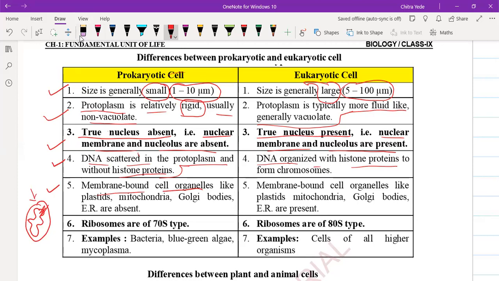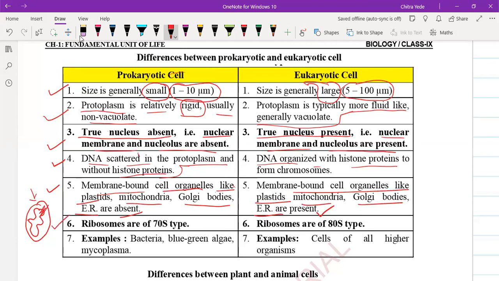Then membrane bound organelles like plastid, mitochondria, Golgi bodies, endoplasmic reticulum are absent in the case of prokaryotic cell, but in eukaryotic cell, membrane bound cell organelles like plastid, mitochondria, Golgi bodies, and endoplasmic reticulums are present.